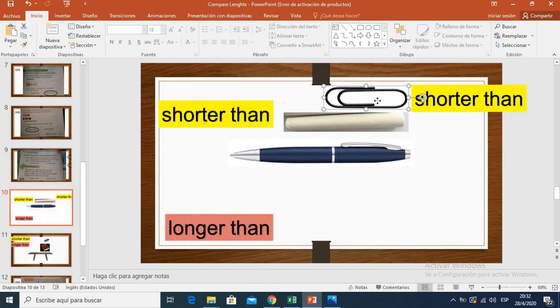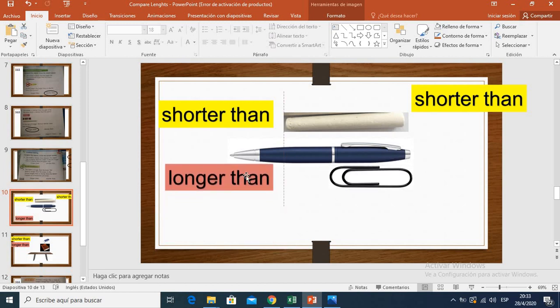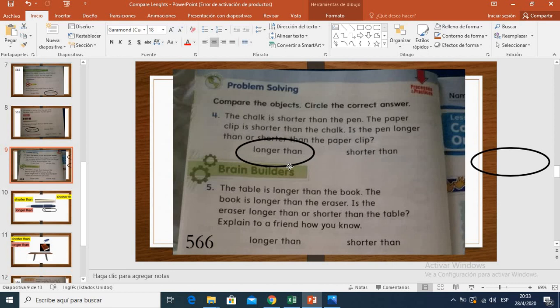Now I compare the paper clip with the pen. Which one is longer, the paper clip or the pen? The pen is longer than the paper clip. So what am I gonna circle here? Longer than or shorter than? Longer than, because the pen is longer than the paper clip. Okay? The question is, is the pen longer than the paper clip? Yes, it is longer than the paper clip.